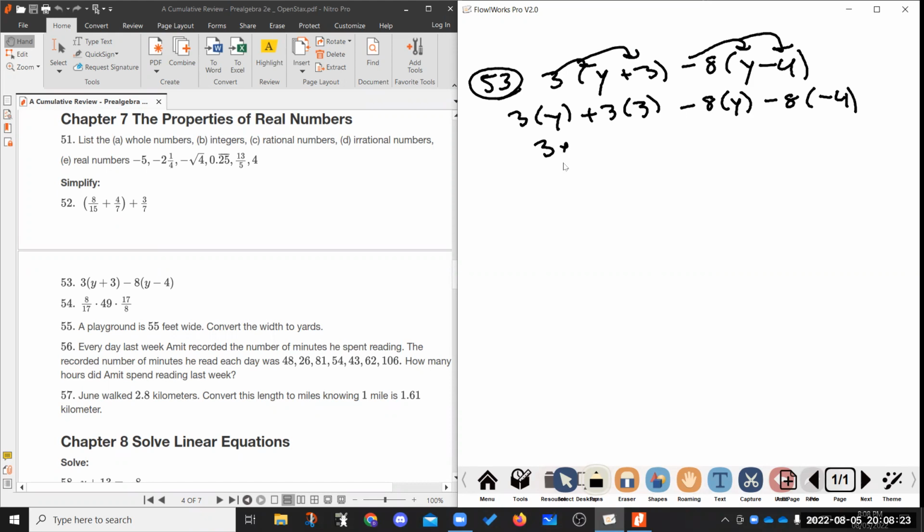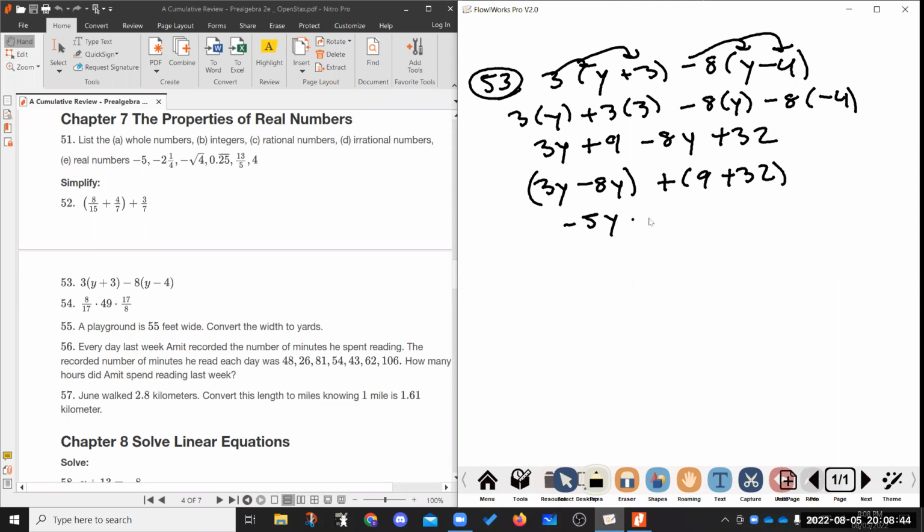It's going to give us 3y plus 9 minus 8y plus 32. I'm going to get my y's together, and I am going to get my constants together. And this is going to give me -5y plus 41.